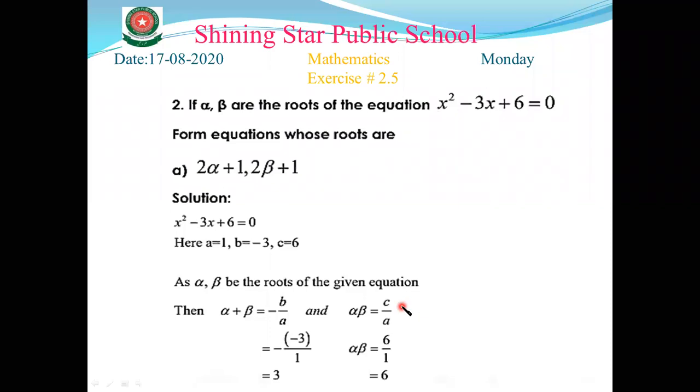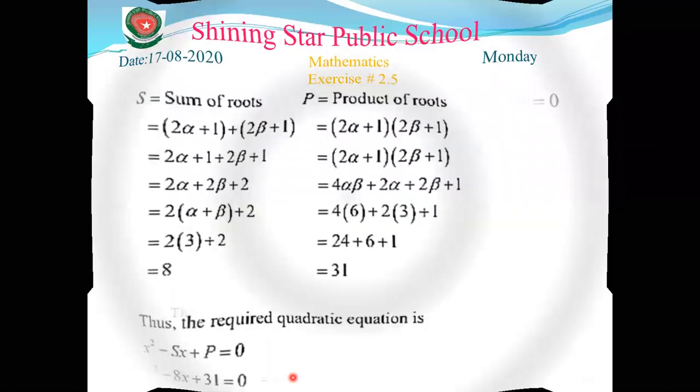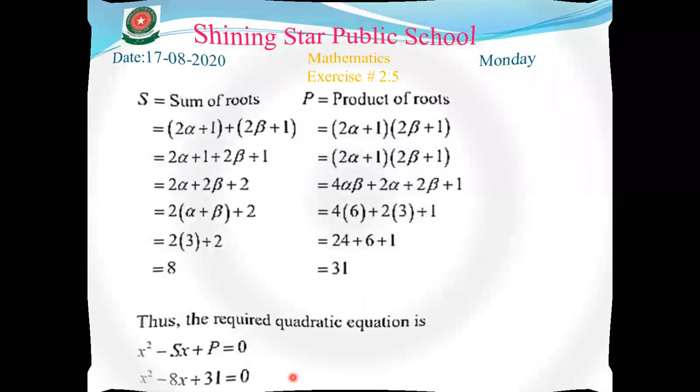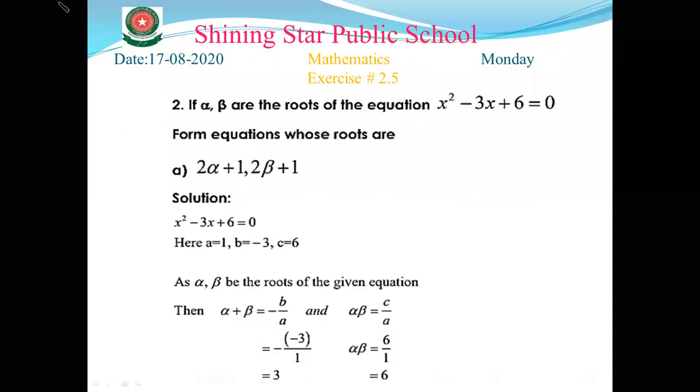Then the sum of the roots, alpha plus beta, is minus B over A. So B is minus 3 and A is 1. So minus minus plus 3. Alpha beta is C over A. C is 6. Okay. Now we use these two roots for finding the sum of the roots and the product of the roots.